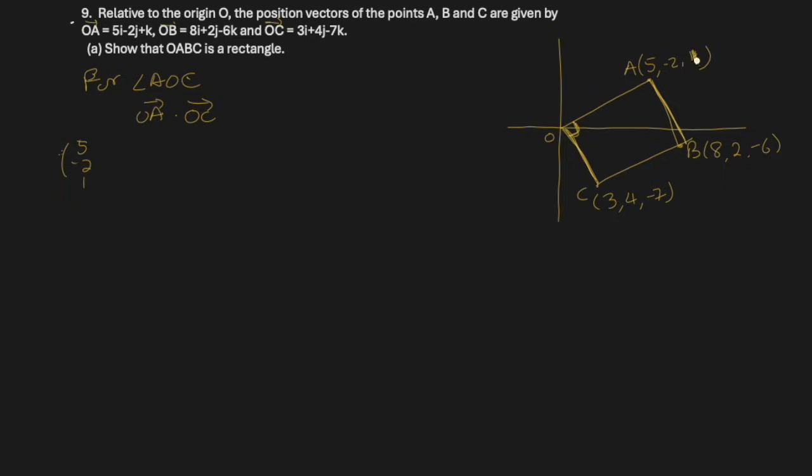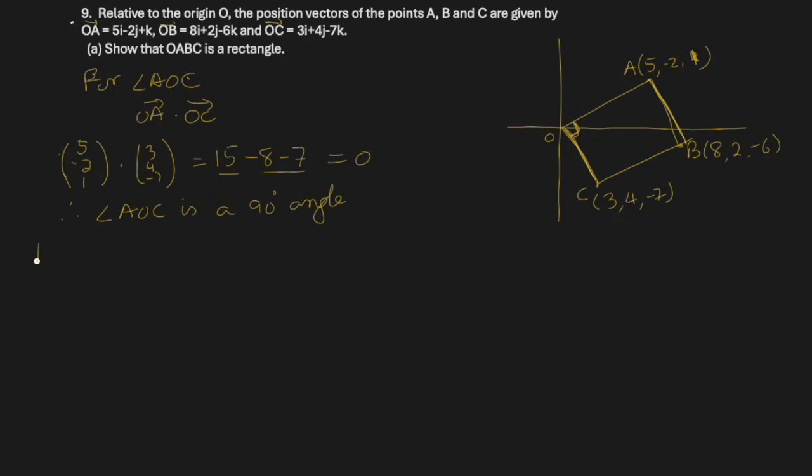It has to be 1, not k. 5, minus 2, 1 dot OC, which is 3, 4, minus 7. Let's see what is the dot product. x multiplies with x: 5 times 3 is 15. Minus 2 times 4 is minus 8, and 1 times minus 7 is minus 7, which is 15 minus 15, 0. So this proves that angle AOC is a 90 degree angle.